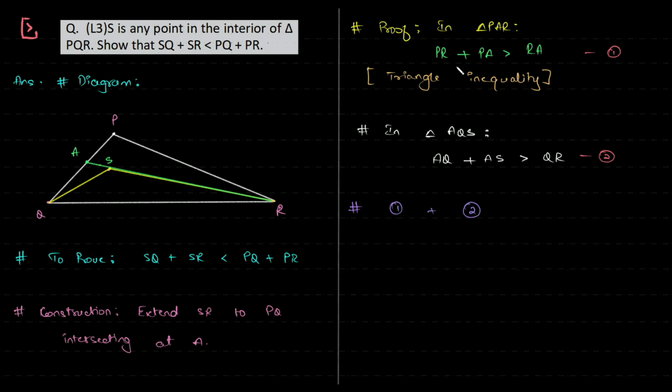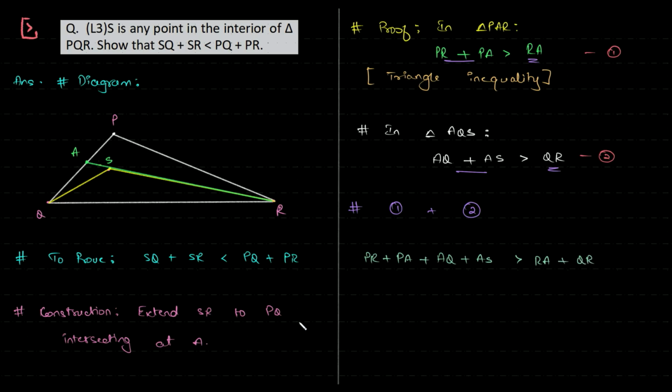LHS has to be added with LHS and RHS with RHS. Don't think too much, just put the symbol and copy whatever is on the LHS. So PR plus PA plus AQ plus AS, and on the RHS we have RA plus QR.